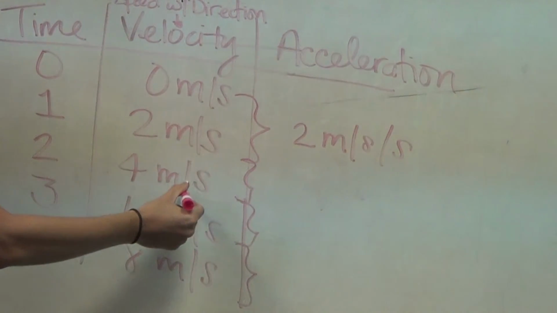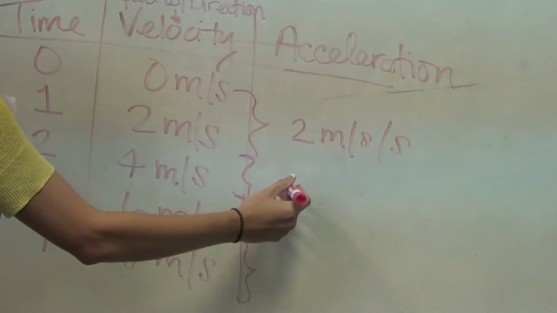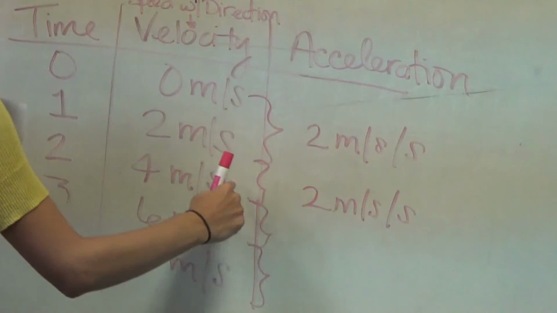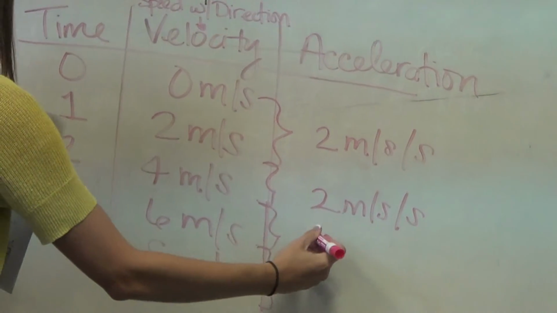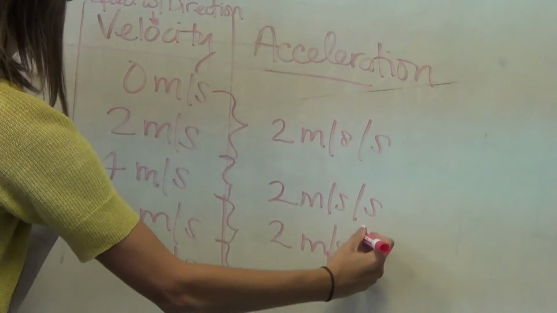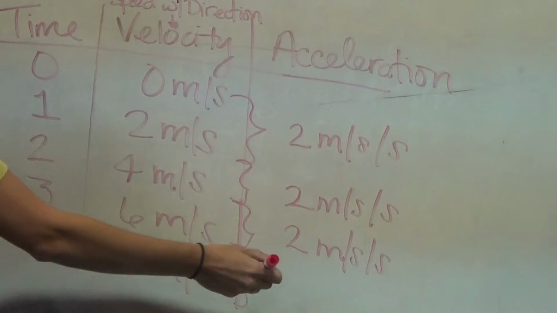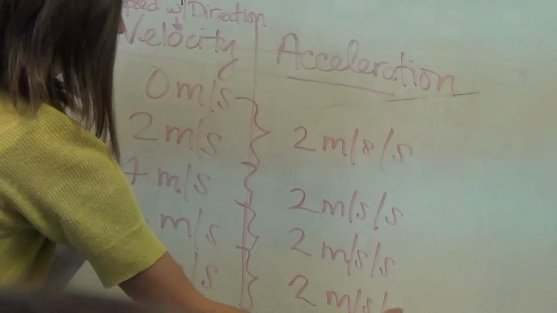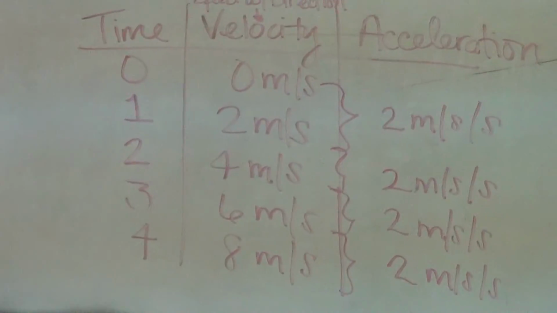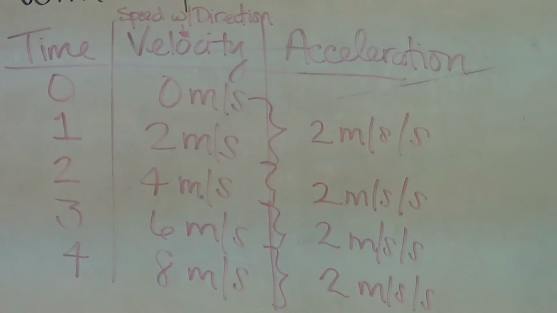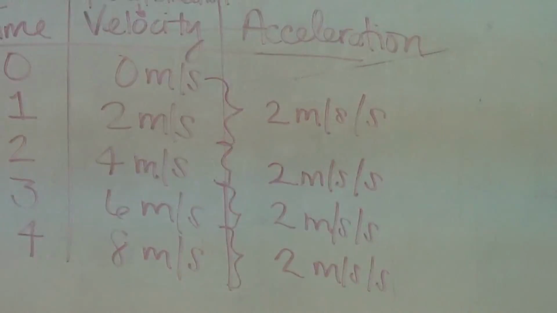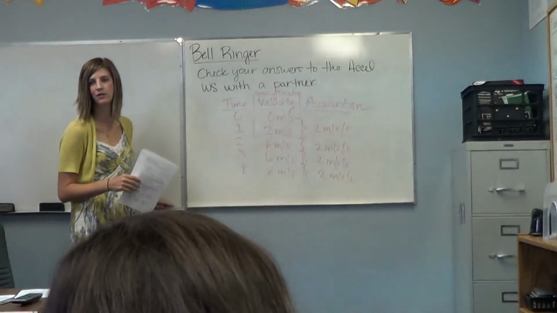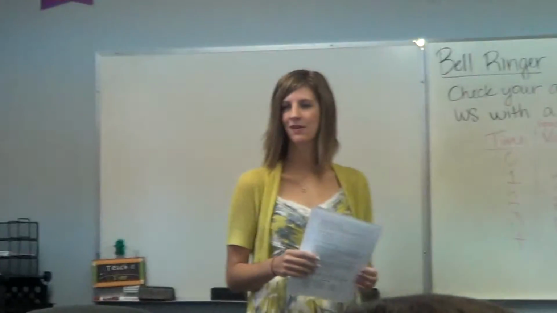And then 2 to 4 changes by how much? 2 meters per second, and then 4 to 6, 2 meters per second, and then 6 to 8, 2. Okay, so do you see how the acceleration then is constant, but the speed and the velocity is not, it's different? Does that help?